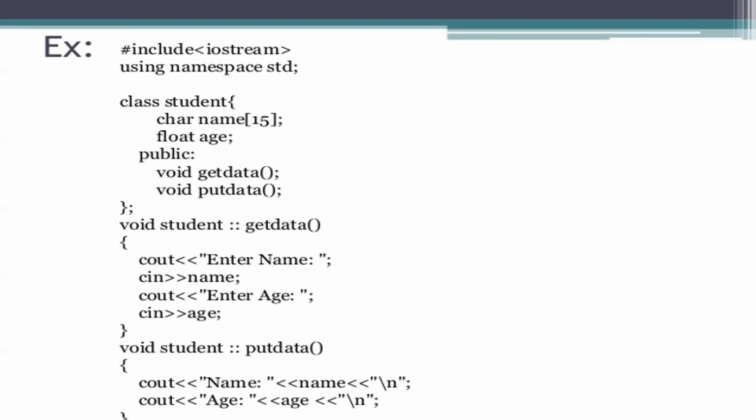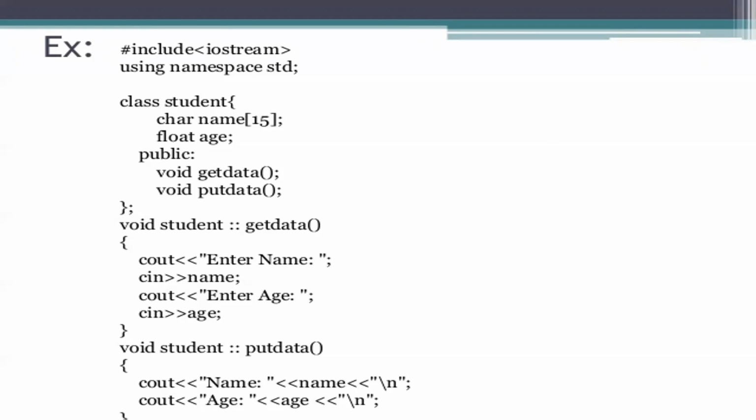Also notice one thing, that name and age are private members of the class which can be accessed only and only by the public members of the same class. Now these name and age, in the last slide we called hidden data. So this hidden data can only be accessed by the functions of its own class.